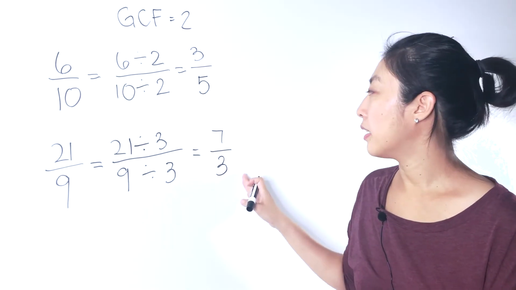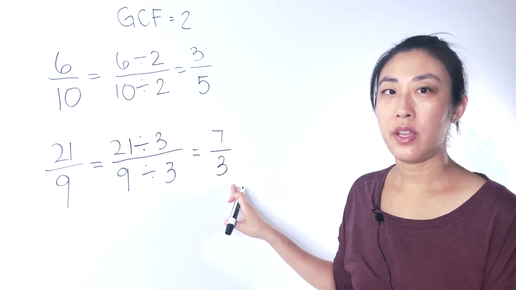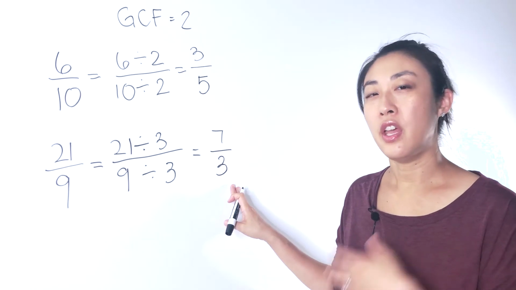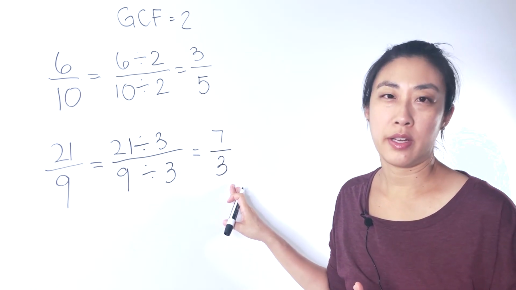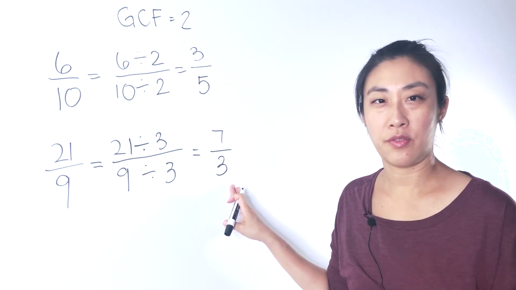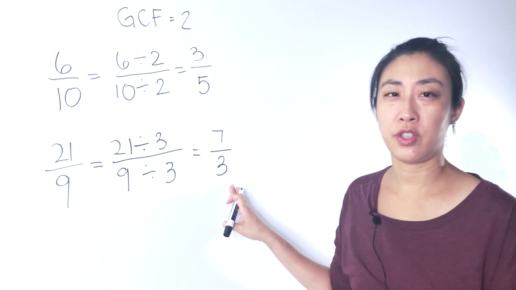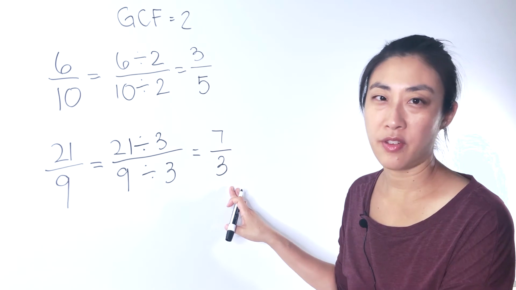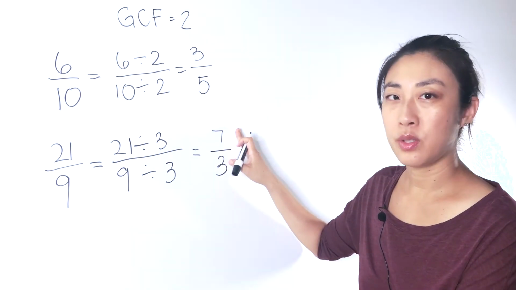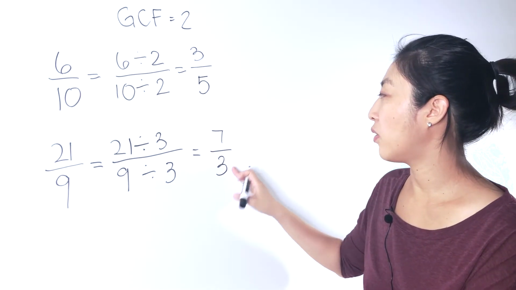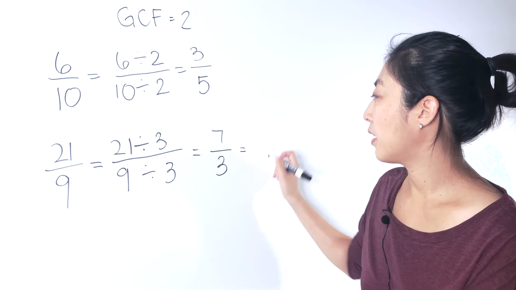Now if you look, 7 over 3 is an improper fraction. And usually whenever you're trying to find an answer to a fraction, most textbooks and most teachers prefer for you to write it as a mixed fraction. So we can take this even further. It's 7 over 3, okay?